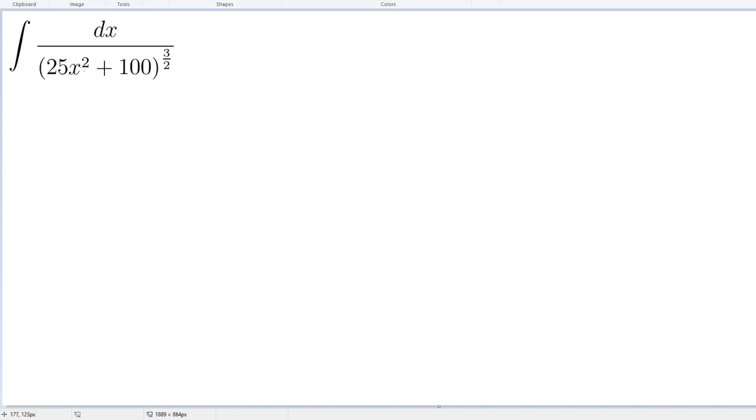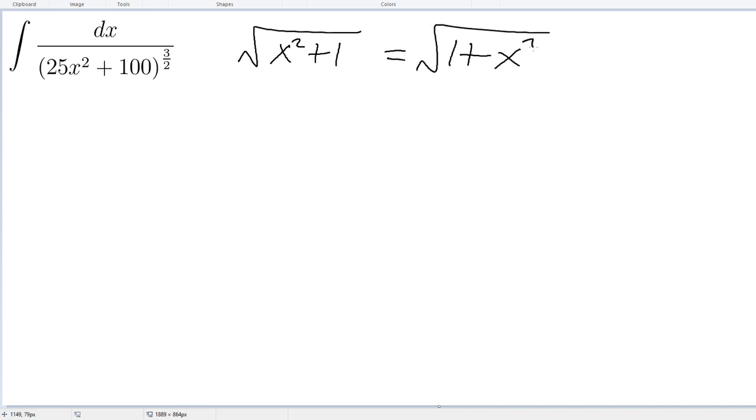First thing is we want to know what x should be. Because we have this type of case, this is the same thing as this, because it's addition. So when we have this type of case, we want to use tangent theta.